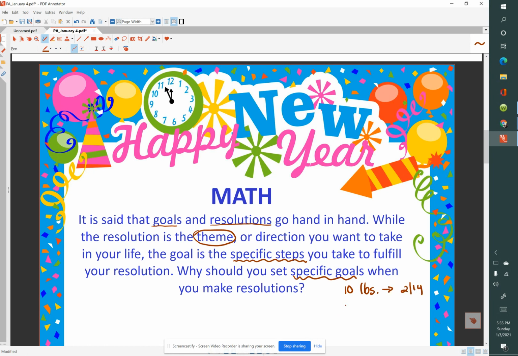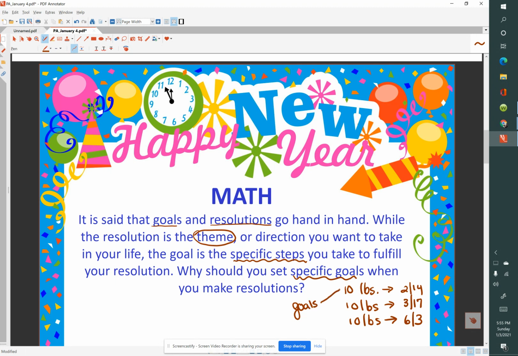And maybe I want to lose another 10 pounds. Maybe I want to lose that by St. Patrick's Day, which I believe is the 17th. And maybe I want to lose another 10 pounds by the time my birthday rolls around on June 3rd. And these are all specific goals.